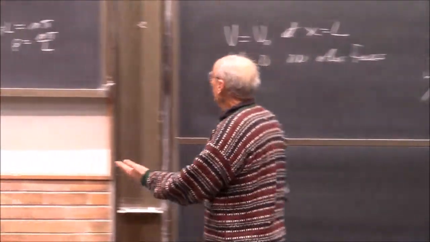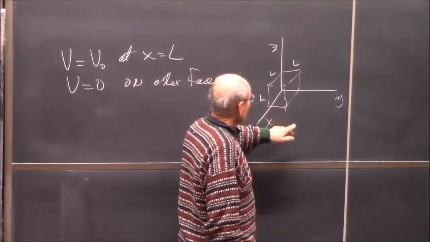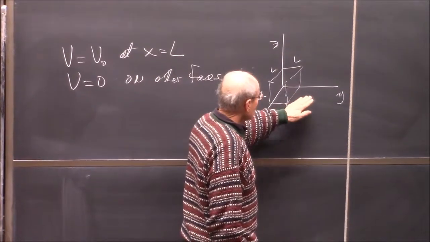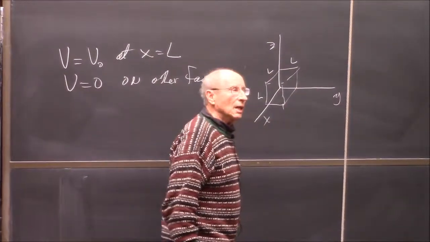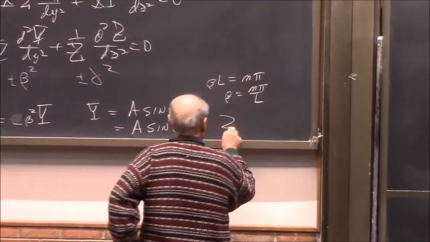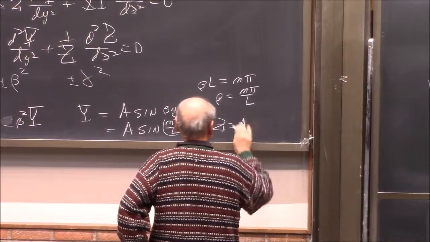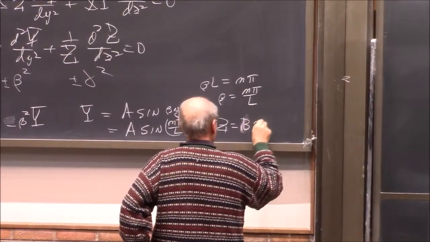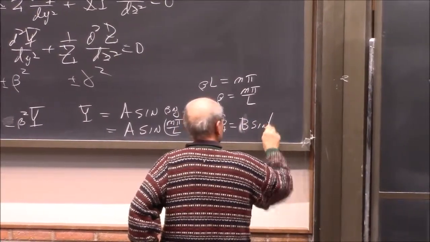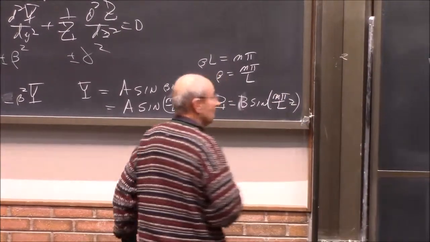Well, z was the same thing, because we had to have the voltage 0 at z equals 0 and z equal L. So that gave us z was equal to some constant, call it b, sine of some other integer, m pi over L times z.